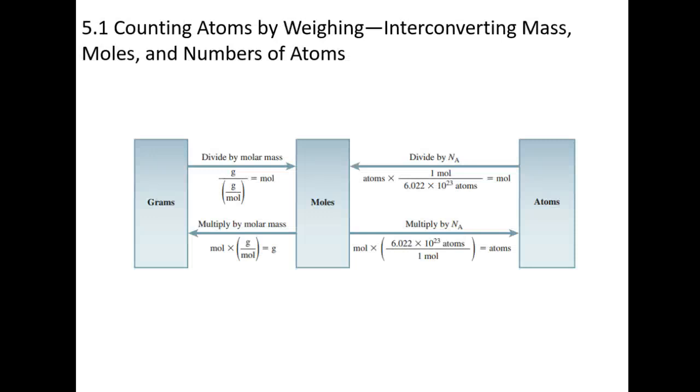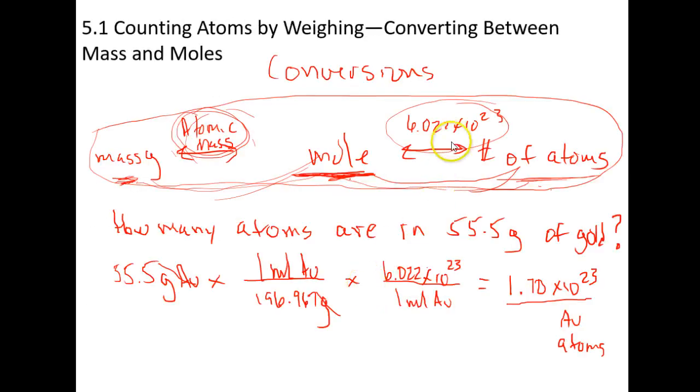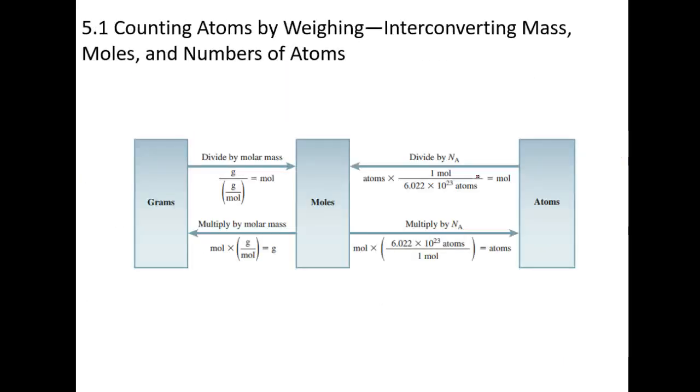Okay, your book kind of gives you this chart. I think this is confusing. All right, if you compare my chart, now my chart's not as neat, but this is the chart that they are trying to show you. Moles to mass and moles to number of atoms. They show you the same thing here.